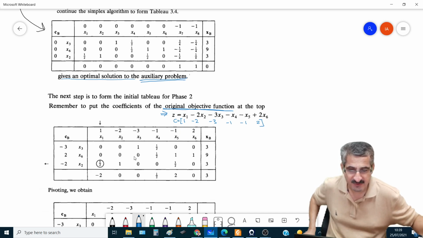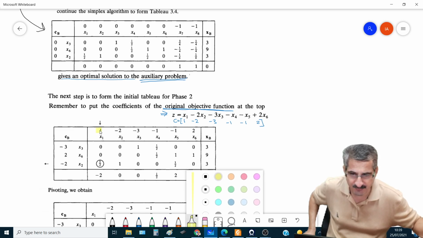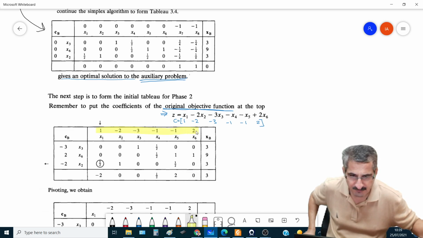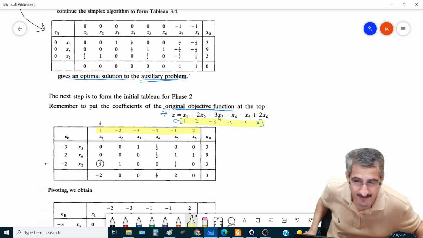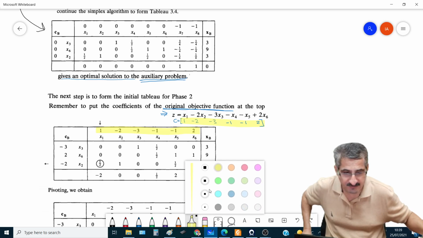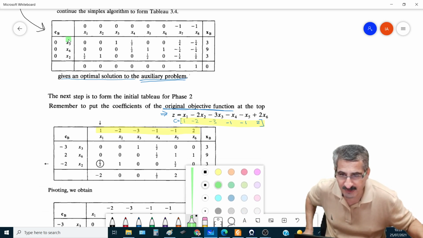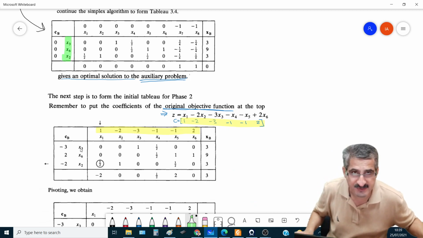Right? Here it is. So again, in preparing the table for phase 2, we will use the cost vector of the original objective function. Now, what are the basic variables that we ended with at the end of phase 1? They are x3, x6, and x2.